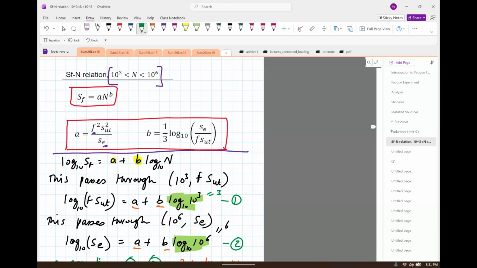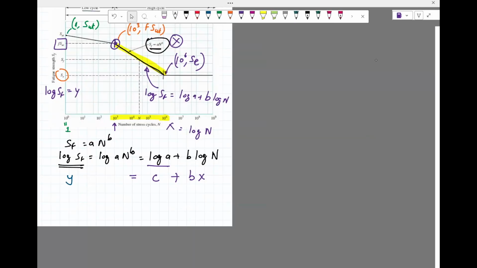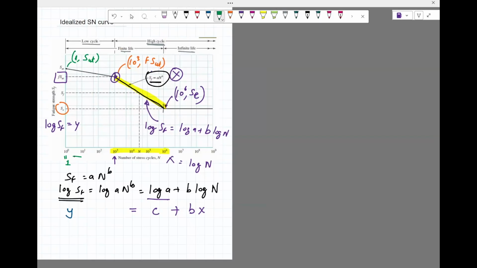The great thing about this curve is that, as I said, we don't really want to be in this range because we don't want a specimen designed for 1000 cycles. We usually want to be in the range 1000 to 10 raised to 9. If you're in the range 1000 to 10 raised to 6, then it's going to fail at some point.